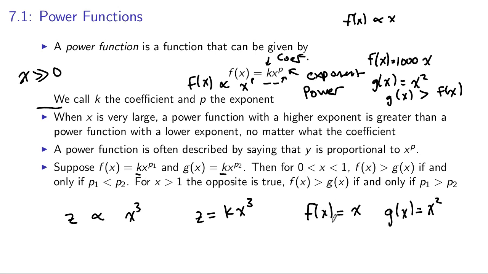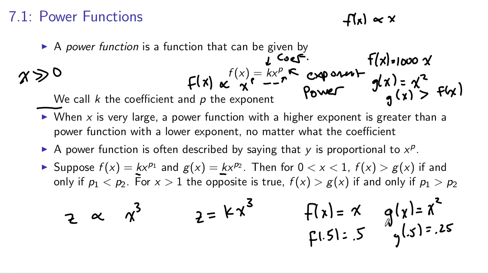If we think about that, when x is 0.5, f of 0.5 will be 0.5, but g of 0.5 will be 0.5 squared, which is 0.25, which is smaller. But when the input is bigger than 1, the opposite is true. F of x will be bigger than g of x if and only if the power of the first function is bigger than the power of the second.